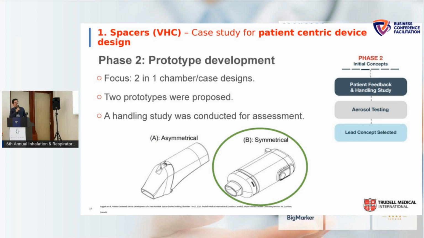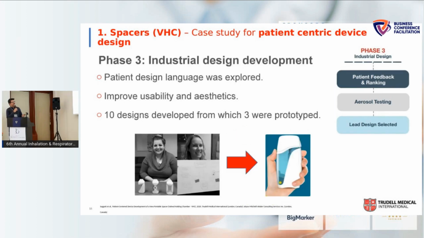So we move now to phase 3, industrial design development. Of course, they explored the language of the patients in the design of the device. They improved usability and aesthetics, of course, to be appealing to the patients so that they can use it and accept it. They drafted 10 designs, from which 3 were prototyped.